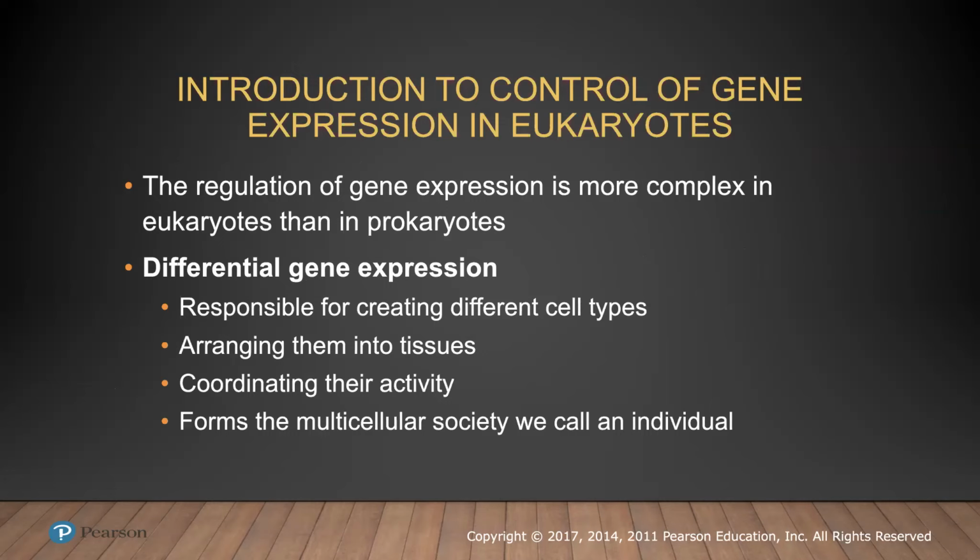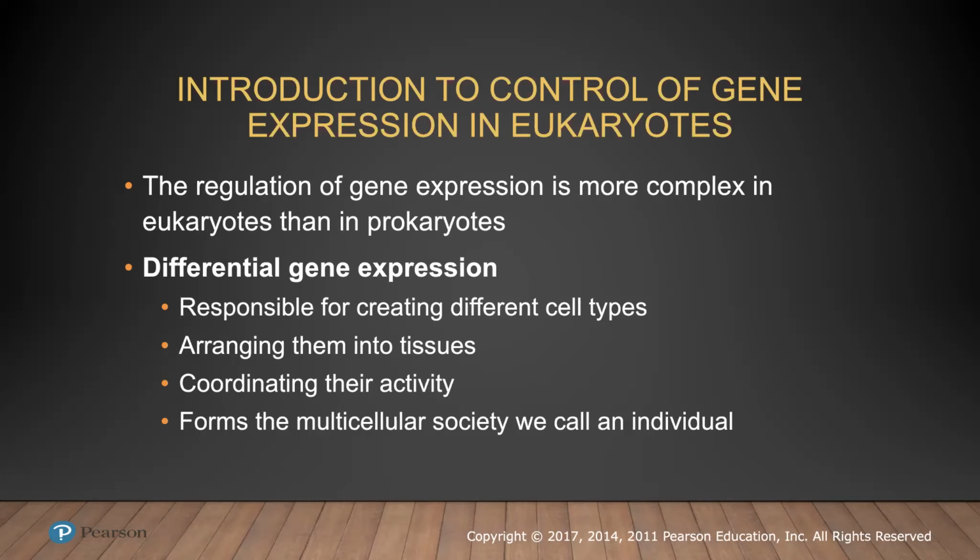All right, so as we start to look at the control of gene expression, some of the things that we're going to have to think about is how do we know which gene is going to be expressed? Which gene are we going to transcribe?